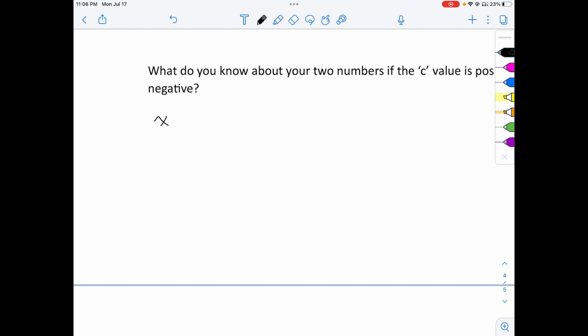If I have x squared subtract 15x plus 36, my C value is positive, but my B value is negative. So B is negative 15, C is positive 36.